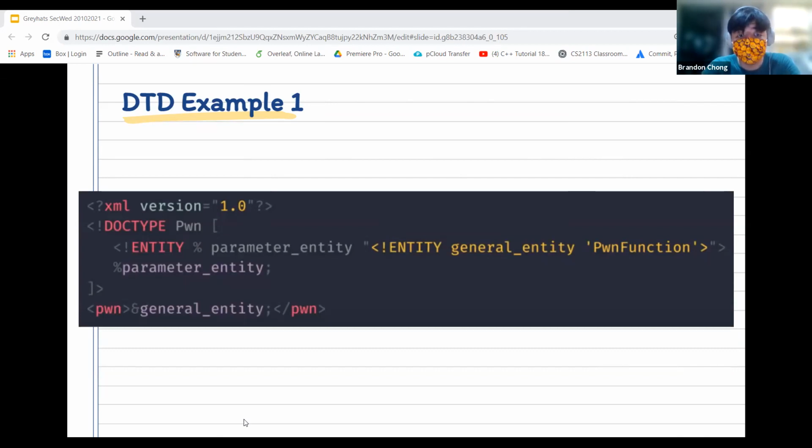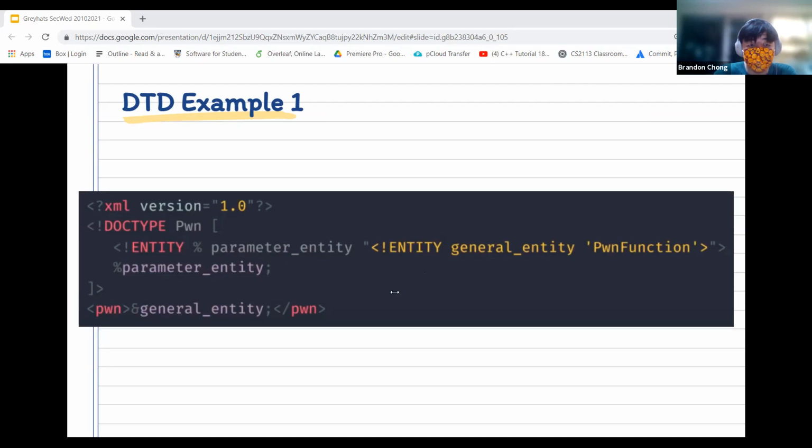For this example, we have an internal DTD, which refers to this doctype here. I have defined a parameter entity, which can be referenced by other entities. This parameter entity is only allowed to be referenced within the DTD, which means I cannot call a parameter entity in my XML data.